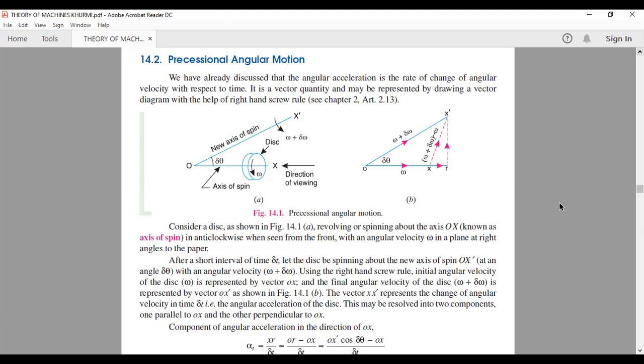It has an angular velocity of omega, and when it changes to its new axis, that is the new axis of spin OX dash, it changes its angular velocity to omega plus delta omega.